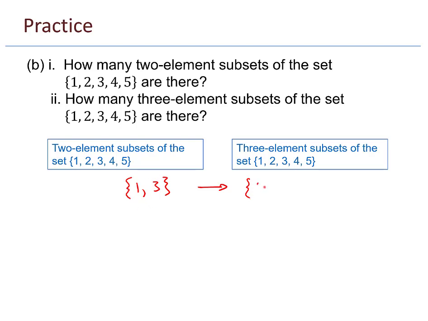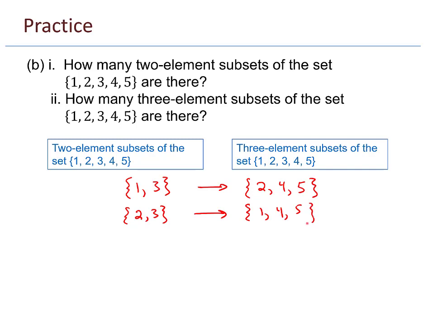So this becomes 2, 4, 5. And it's a function. Given my 1, 3, that gets mapped onto 2, 4, 5. There's only one thing it can map onto. And if I pick another one, how about 2, 3? Then that maps onto the set 1, 4, 5.